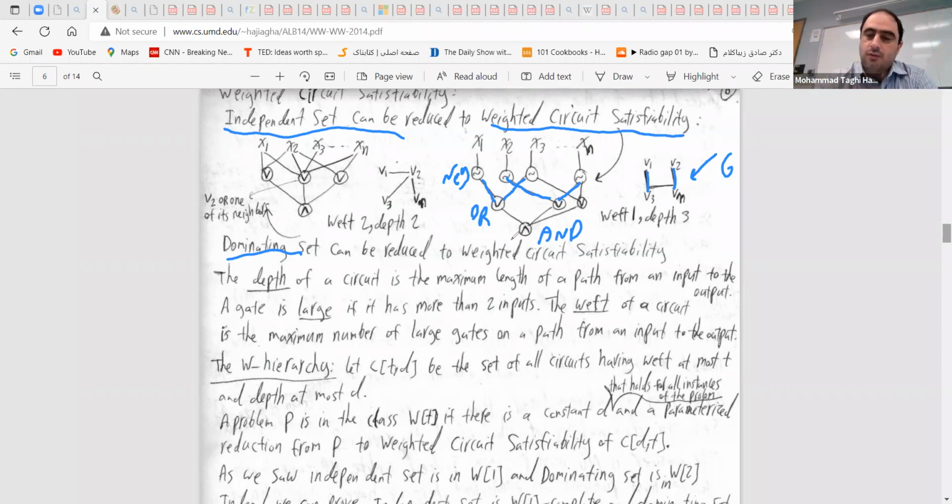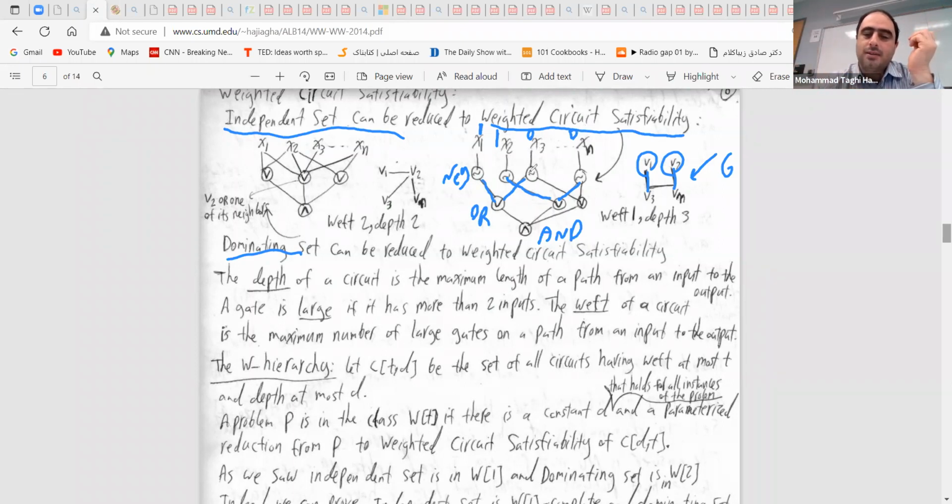How? Just select the vertices in the independent set. For example, if I consider v1 and v2 to be the independent set, I put x1 equal to 1, x2 equal to 1, and everything else equal to 0, and of course there are k of them. In parameterized complexity, the parameter k may remain exactly the same, or become linear.